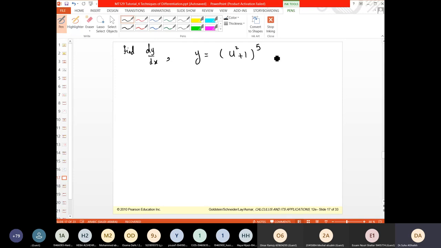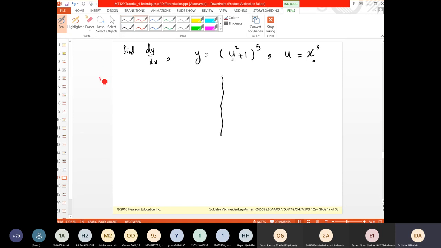Let's say u square plus 1 to the power 5. And the u is equal, let me say, x to the power 3. Okay? فال function في الu والu function في x. I find the derivative of this. I find the derivative of this. أضربهم في بعض. I change all the u's to x and I get the answer.